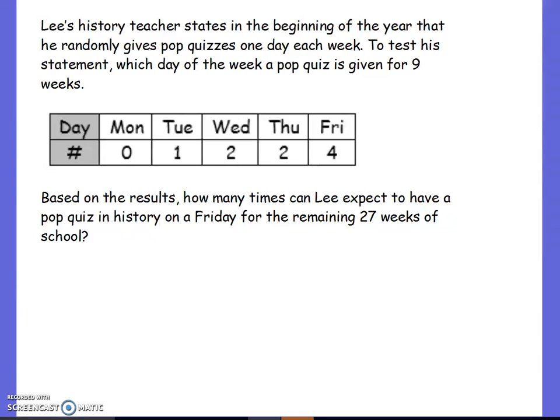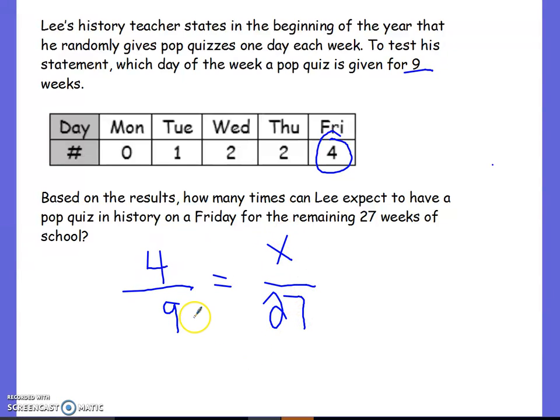Okay, so on Fridays, we have 4 quizzes given out of 9 weeks. And we want to know how many there are for the remaining 27 weeks. So we can say 9 times 3 is 27. So 4 times 3 is 12.